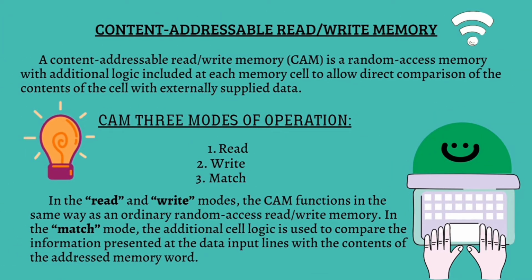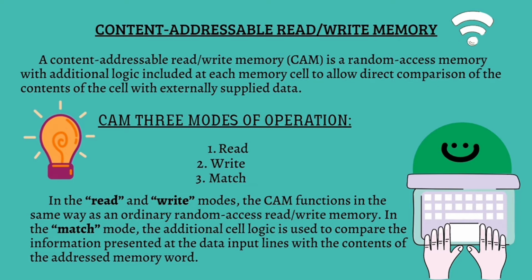Content addressable read and write memory. A content addressable read and write memory (CAM) is a random access memory with additional logic included at each memory cell to allow direct comparison of the contents of the cell with externally supplied data. CAM has three modes of operation: read, write, and match.